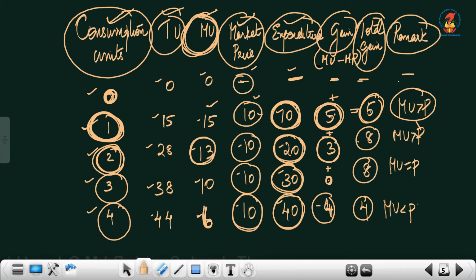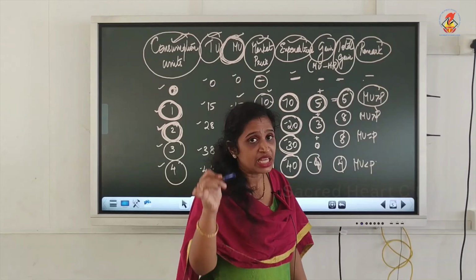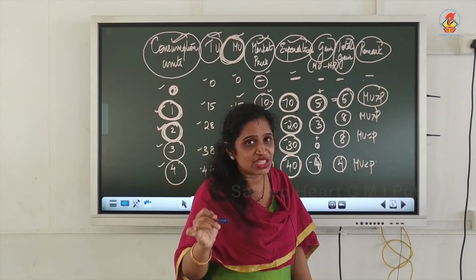Why? Because we know that when the consumer is consuming the second chapati, the marginal utility is 13. Why is it less than 15? Because you know that when the consumer is consuming more and more of an additional commodity, his marginal utility comes down.